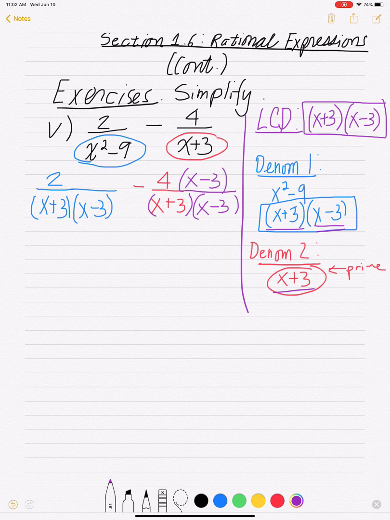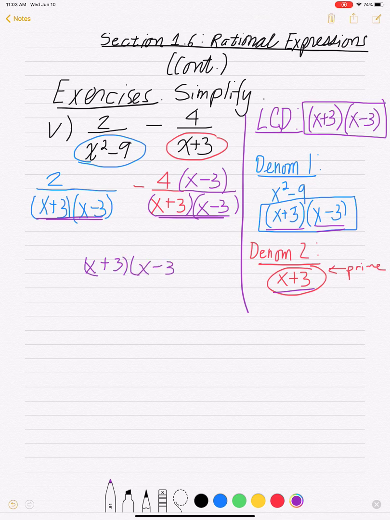All right, so what do we have? We have 2 over x plus 3, x minus 3, minus 4 times x minus 3 over x plus 3, x minus 3. Oh, so the whole point here is we have the same denominators, right? So when the denominators are the same, we're just going to keep the common denominator.